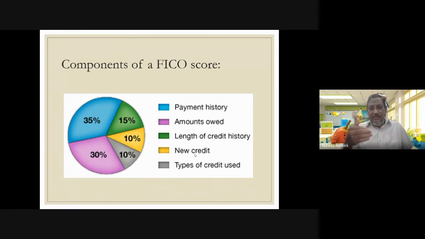Based on these five features, percentages are given. 35% of the weightage is given for payment history, that is, for an existing customer, how they pay the facility.